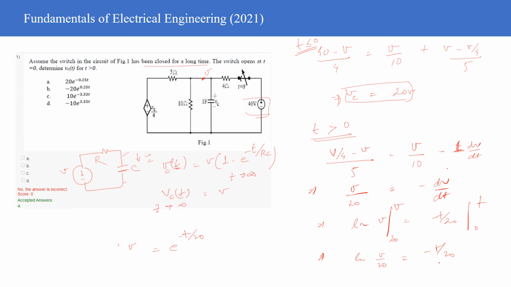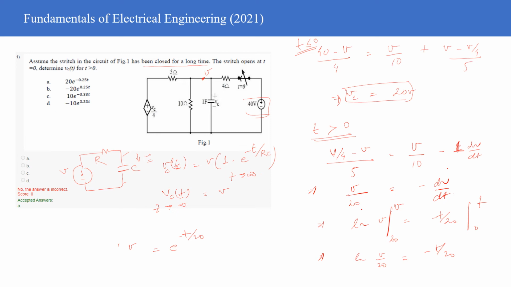Okay. Somewhere I did a mistake, because of which it is coming as 20. It should be 25 actually. Okay, just let me check where I have done a calculation error. Okay, so this is not V by 20.